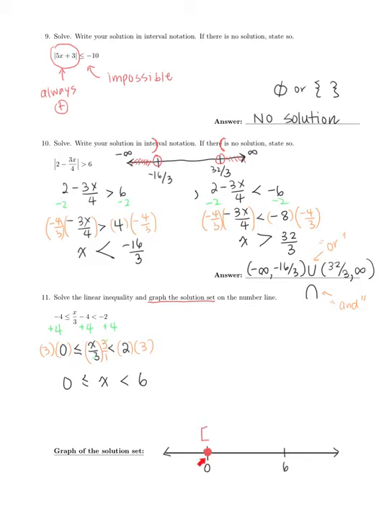So I'm going to be shading this side. And then at the same time, x has to be strictly less than 6. So again, if you're going to use the circle one, you got to have an open circle, and then x is strictly less than 6. So again, you're going to be shading between 0 and a 6. Now, if you're going to use the interval here, then here you're going to have an open parentheses, and you just basically shade inside of that.